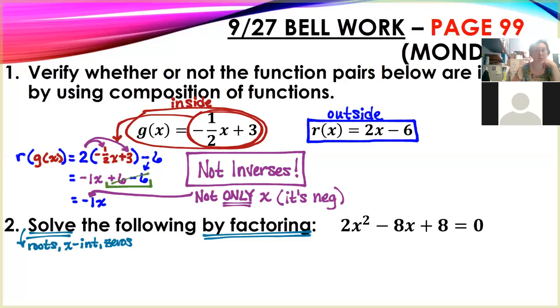We're finding solutions. So what I need to do first is look for a GCF. Do we have a GCF here? Yes. What is our GCF? What will go into all three parts, A, B, and C?